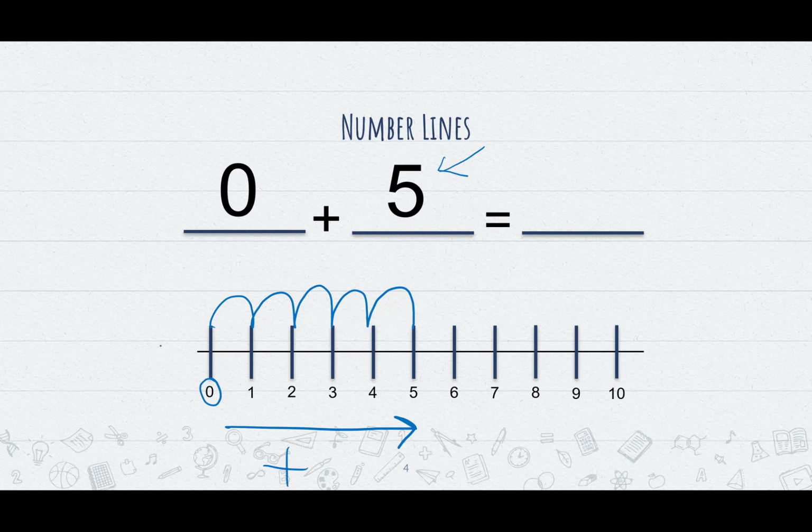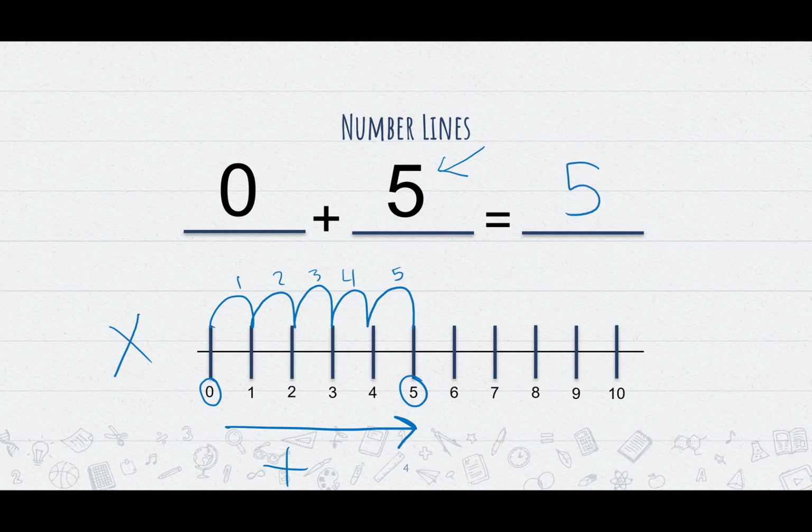We can't go the other way because there's no numbers over here. There's nothing over here that we can count. So we went 1, 2, 3, 4, 5 hops, and we ended on the number 5. So 0 plus 5 equals 5.